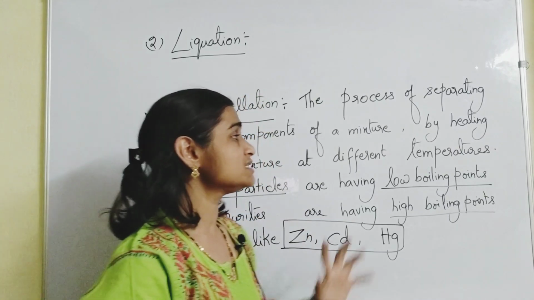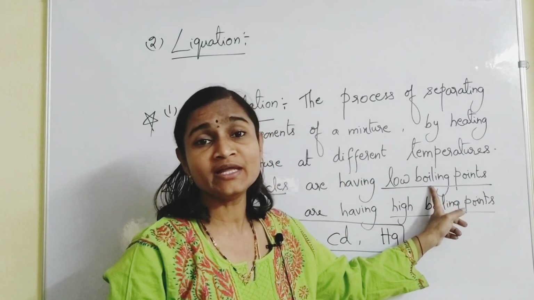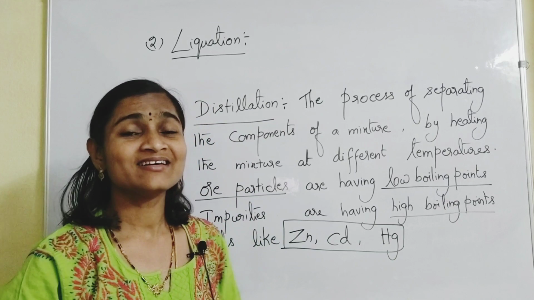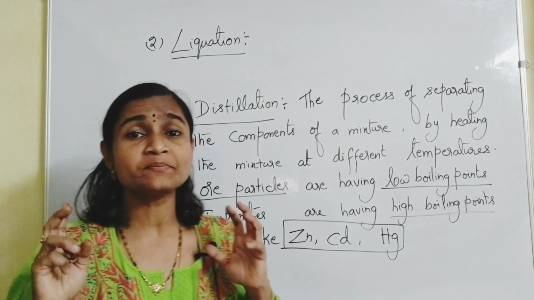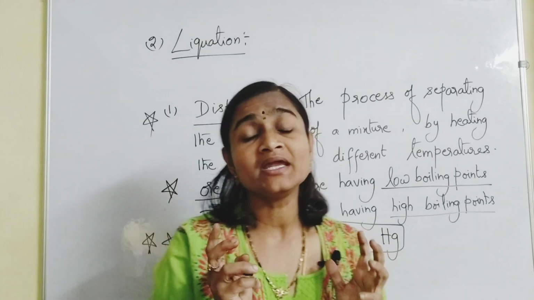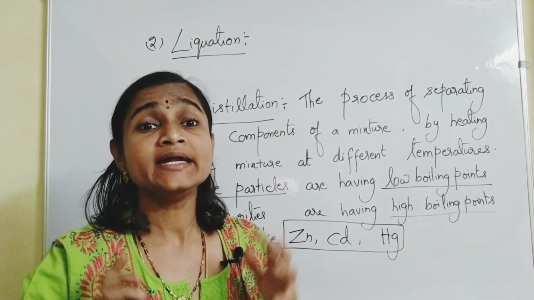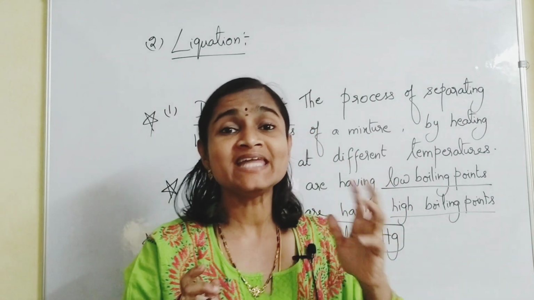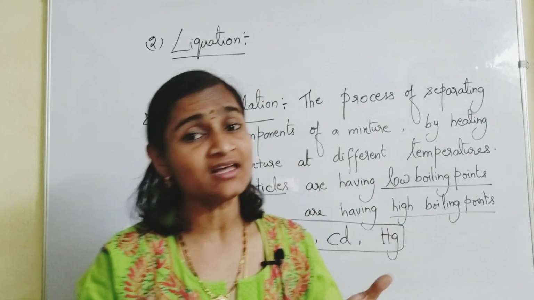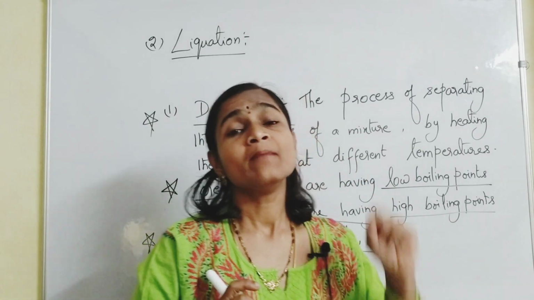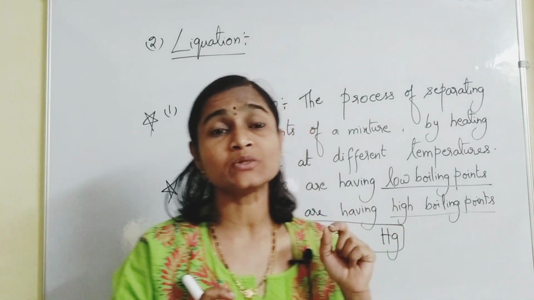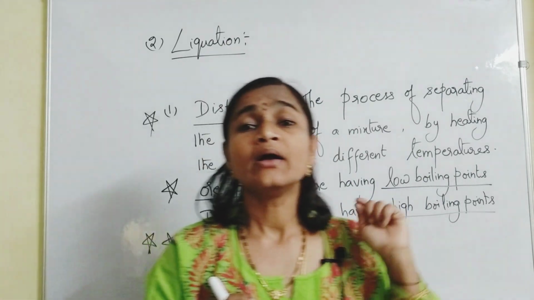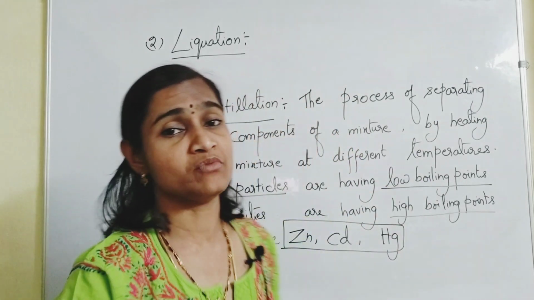Instead of writing low boiling points, here you will write low melting points. Liquation is a process of separating the components of a mixture depending on the melting points of ore particles and impurities. The ore should have low melting points, and impurities should have high melting points.